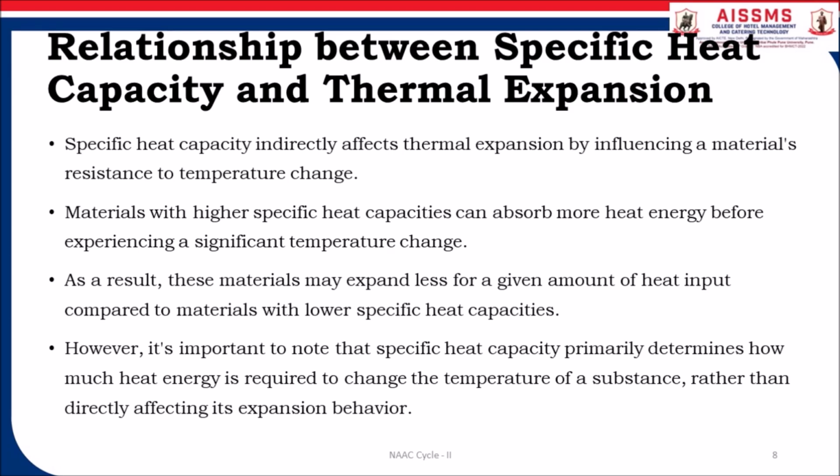It essentially tells us how resistant a substance is to changes in temperature. And in the case of the metal rod, the specific heat capacity influences how much heat energy it can absorb before its temperature starts to rise significantly.